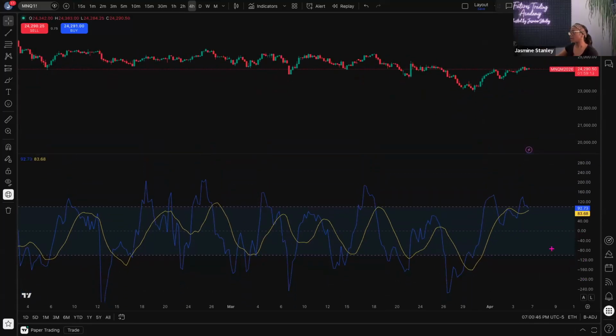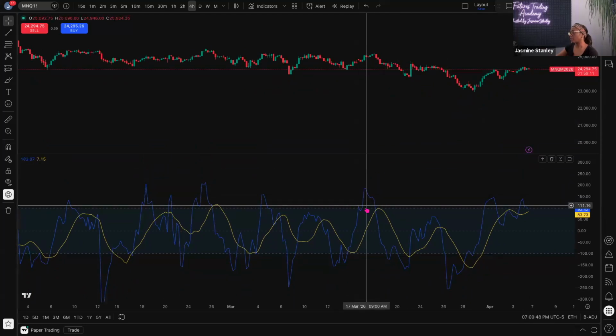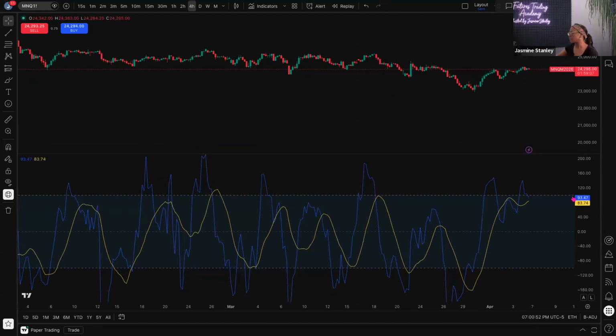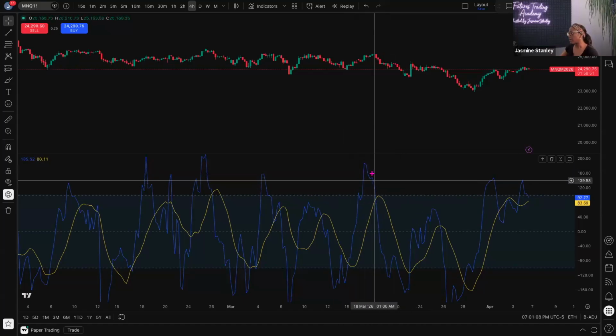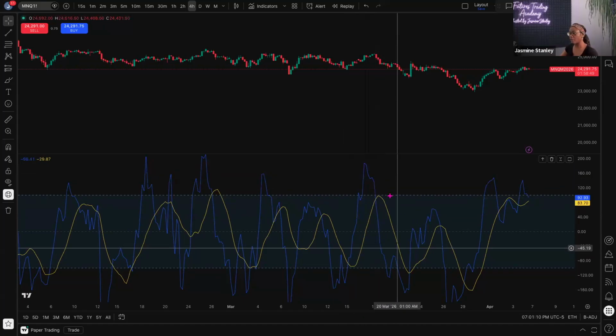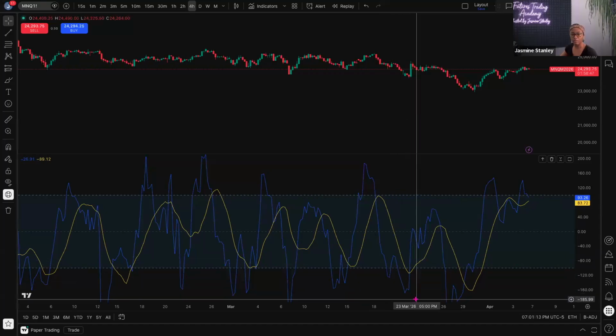Whenever we get above this 100 line, that is telling me that price has gone too far. So now it has to correct itself, and at some point it's going to fall back down under here.